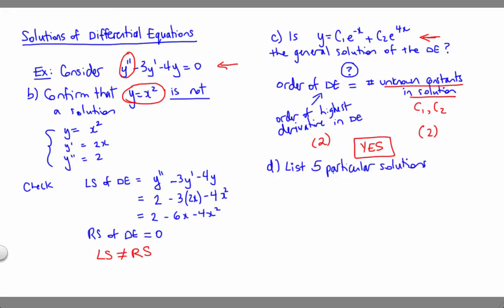Final part, we're going to list 5 particular solutions to the DE. So to get a particular solution, we're going to be looking back up at our general solution. So here it is.